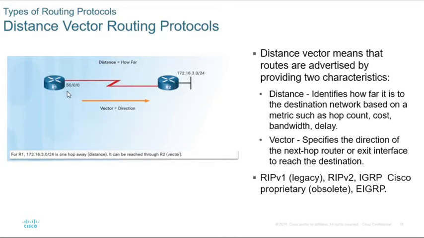It just knows that for R1 to reach R2, this will be the metric available: it will only take 1 hop. Again, distance vector routing protocols do not have a map of the entire network topology, unlike other types of routing protocols.